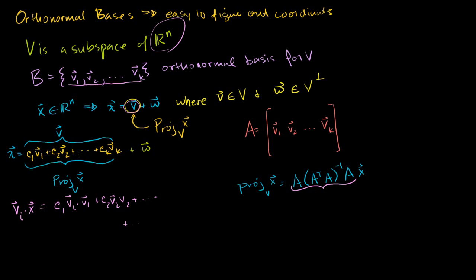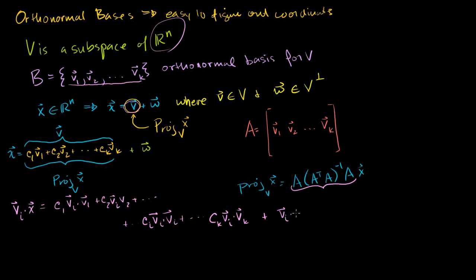Eventually you'll get to the ith term, which will be Ci times vi dotted with vi. And then eventually you'll get to Ck times vi dotted with Vk. Right? We just saw this in the last video. I'm just dotting both sides. But we also have this w term. So then we're going to add vi dot w.